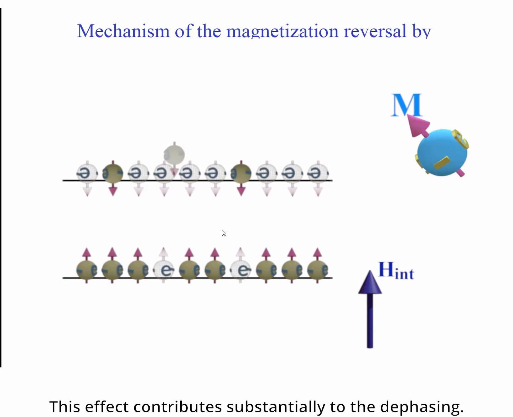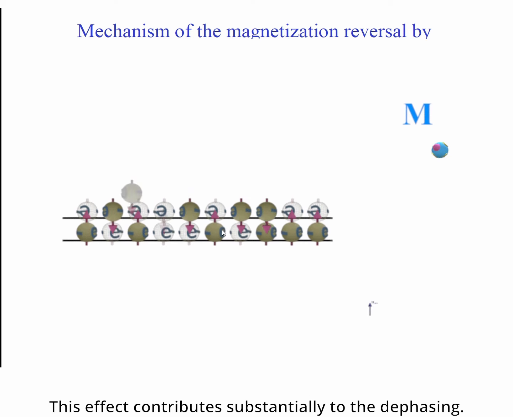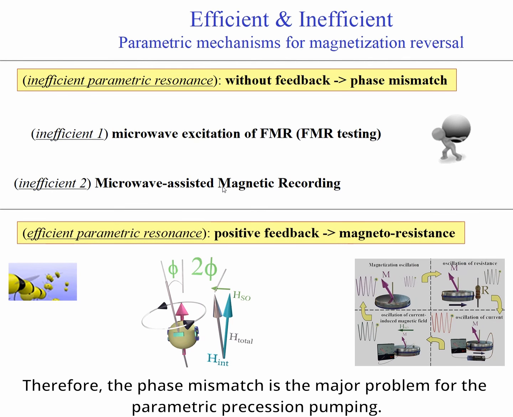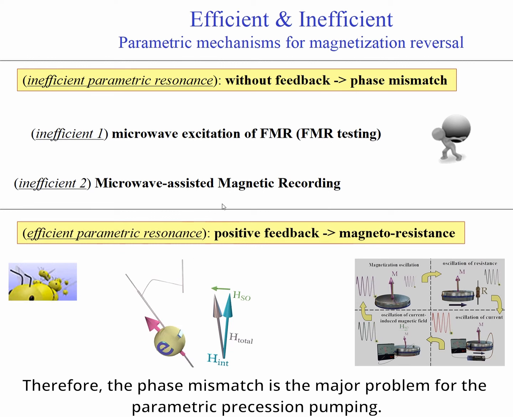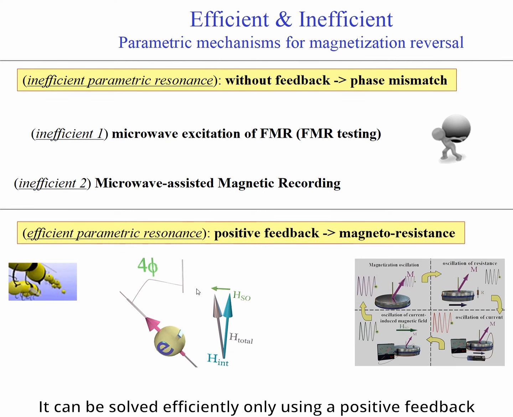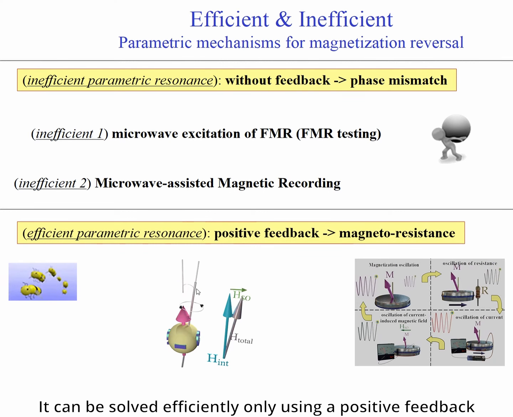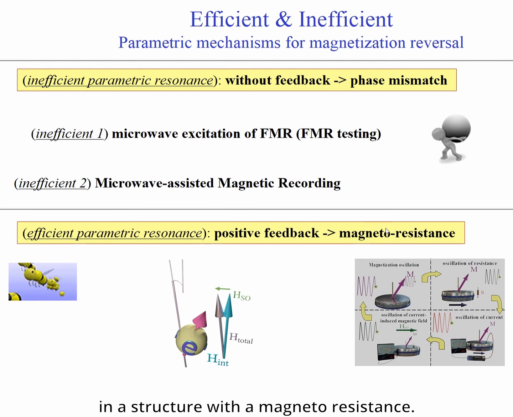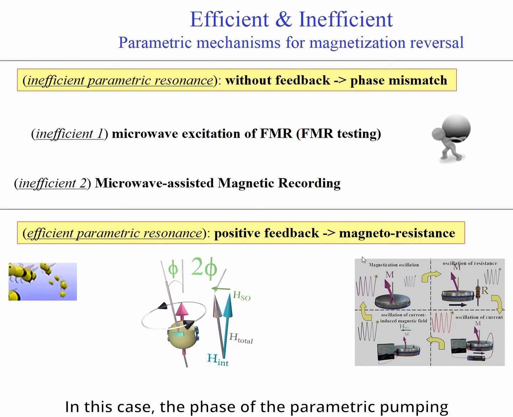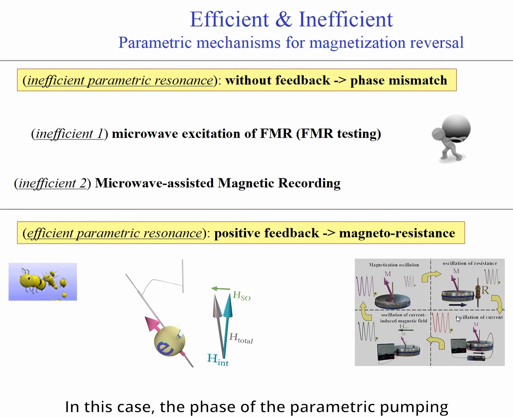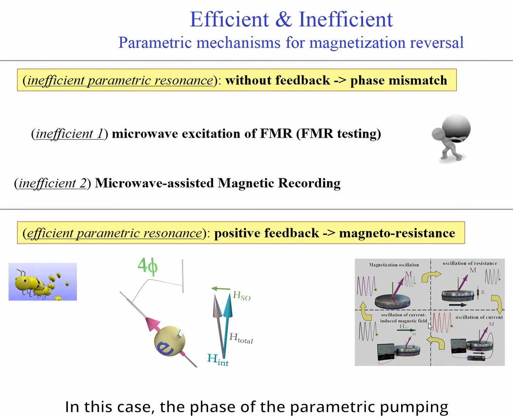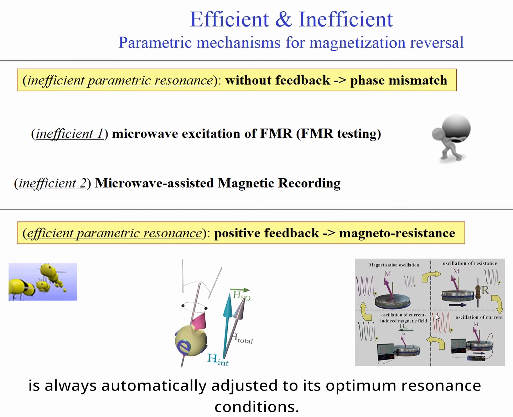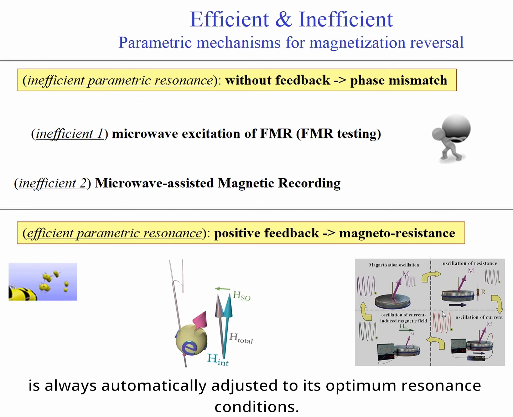This effect contributes substantially to the dephasing. Therefore, the phase mismatch is a major problem for the parametric precession pumping. It can be solved efficiently only using positive feedback in a structure with magnetoresistance. In this case, the phase of parametric pumping is always automatically adjusted to its optimum resonance condition.